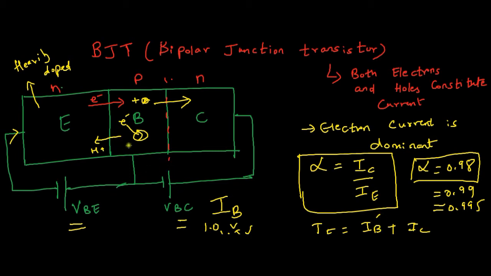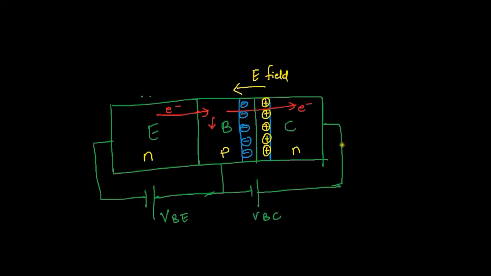I also talked about how holes travel to the emitter. So this also constitutes the base current. But the majority of the current IE is IC, which will take most of the IE value. So this is Kirchhoff's law.